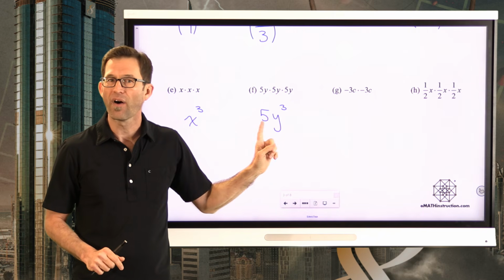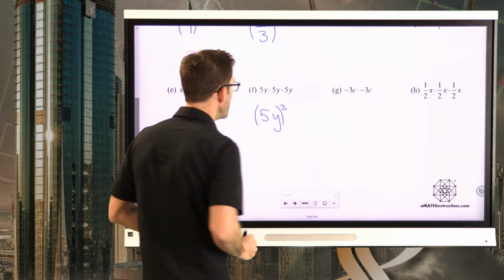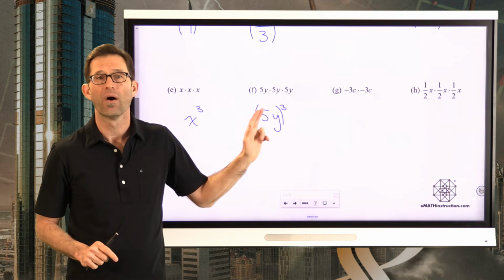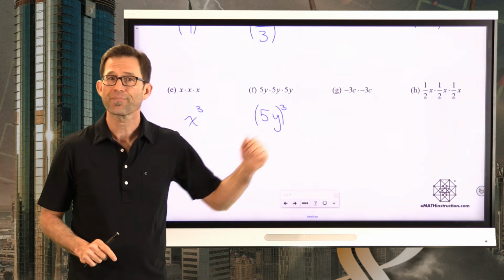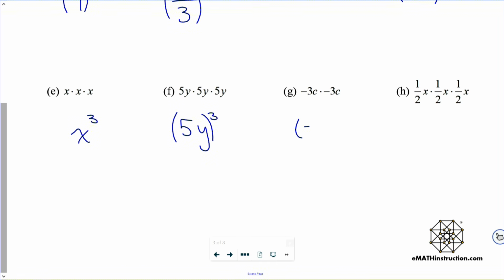It's only one 5, right? So if I want to make sure that all 3 of those 5s are included, I've got to have 5y all to the 3rd. Letter G is very similar. -3c times -3c is -3c to the 2nd.